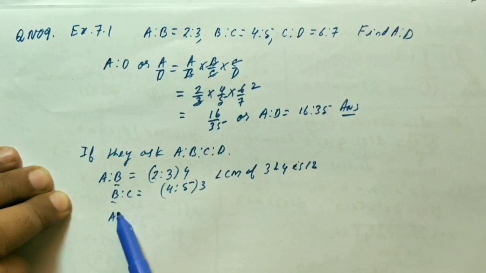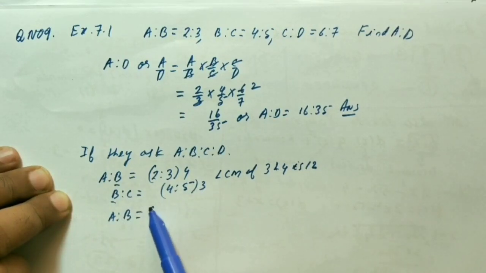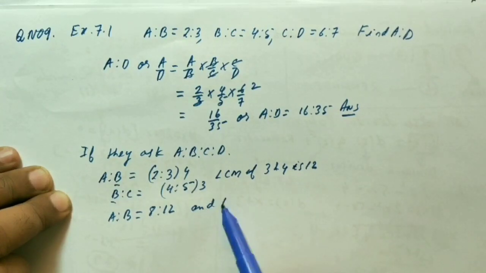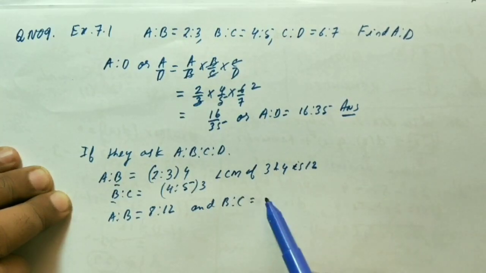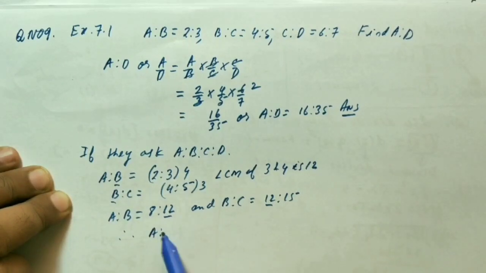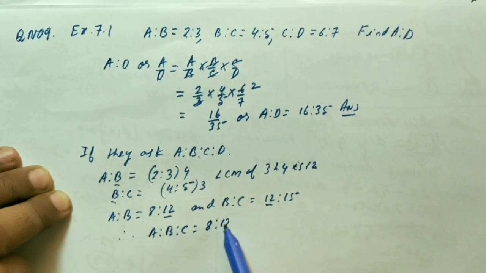Now I get a is to b is 8 is to 12 and b is to c is 12 is to 15. So this is common now. Therefore a is to b is to c is 8 is to 12 is to 15.